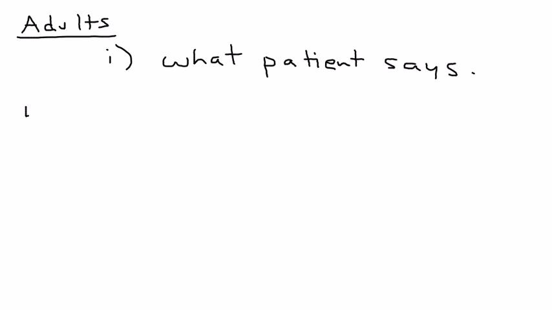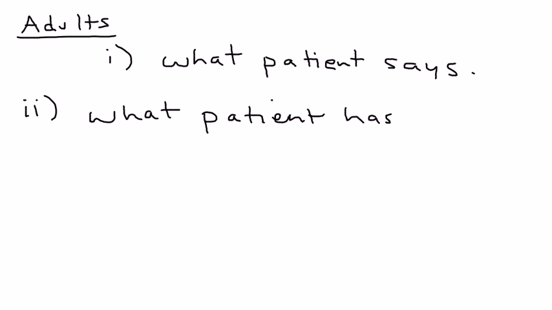The next step is something that you go toward if the patient is unable to communicate. Maybe the patient is intubated, or maybe the patient is unable to speak because he's unconscious or she's unconscious. Well, what do you do at that point? Then what you do is you look at what the patient has written previously in any type of medical document.